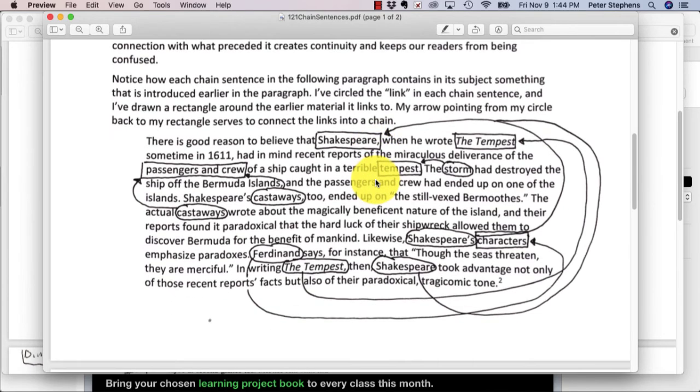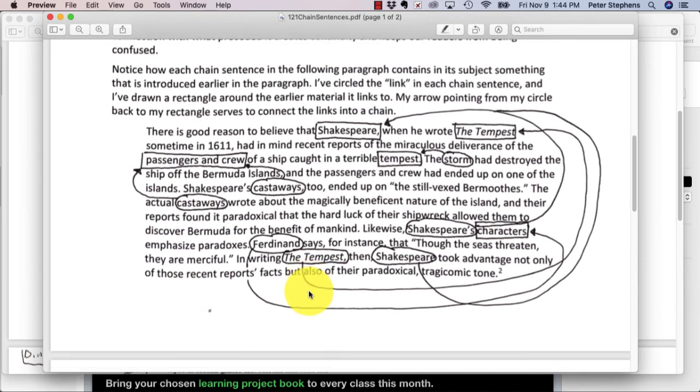The earlier reference is always in a rectangle. The next sentence begins with the word Ferdinand. Well, that's the first time Ferdinand appeared, but it's clear that Ferdinand is a character in The Tempest, because it's likewise Shakespeare's character, and the next sentence starts, Ferdinand, for instance, blah, blah, blah. And then finally, in writing The Tempest, well, we've had The Tempest before, right?